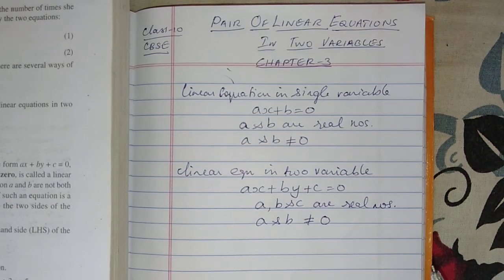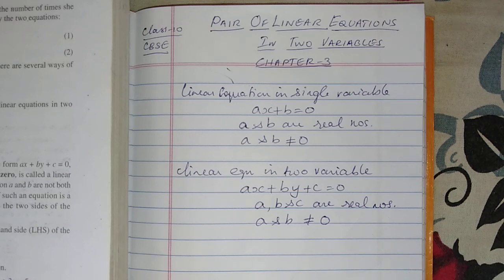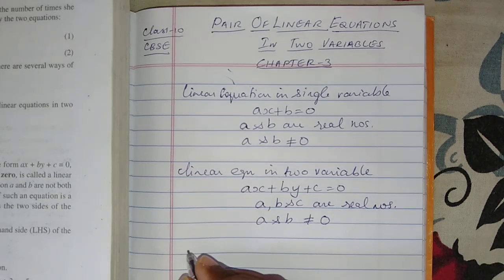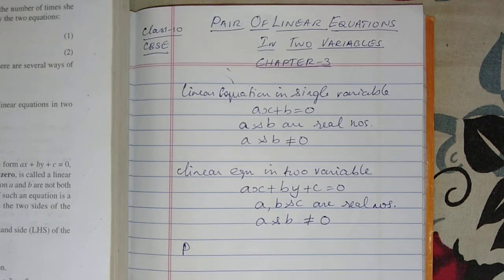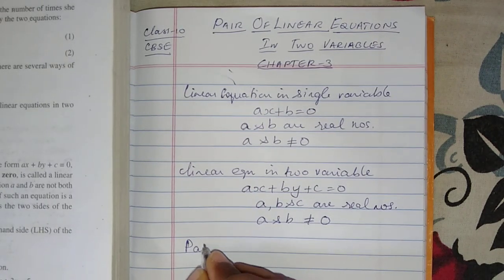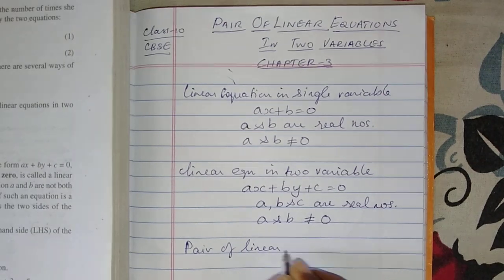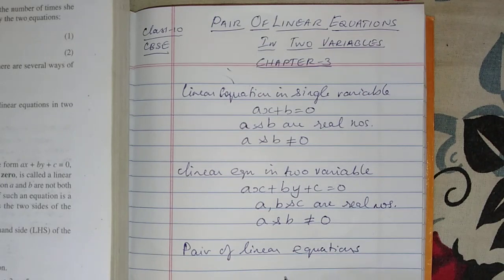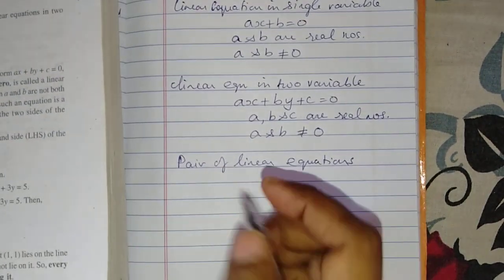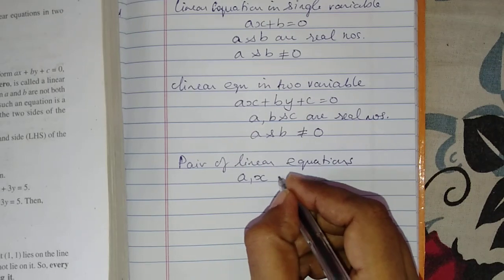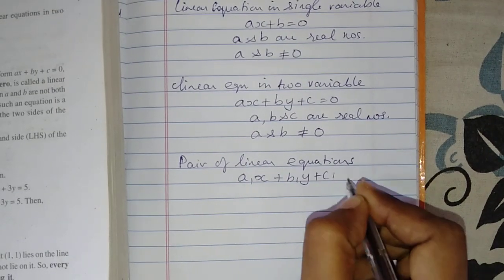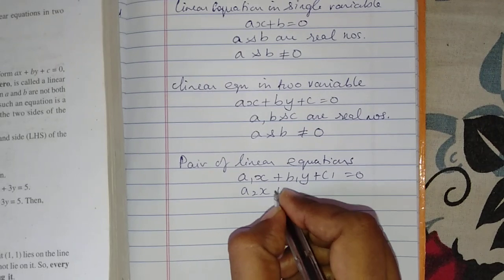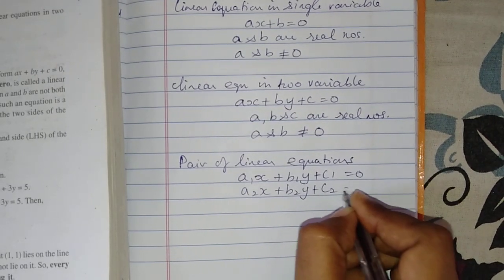Now pair of linear equations can be solved using two methods. First of all, we have to see what is the format for writing pair of linear equations. The general method for writing pair of linear equations is a1x plus b1y plus c1 is equal to 0 and a2x plus b2y plus c2 is equal to 0.